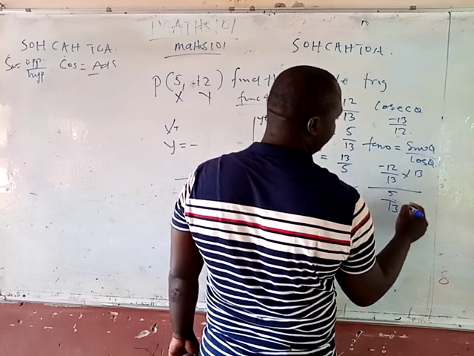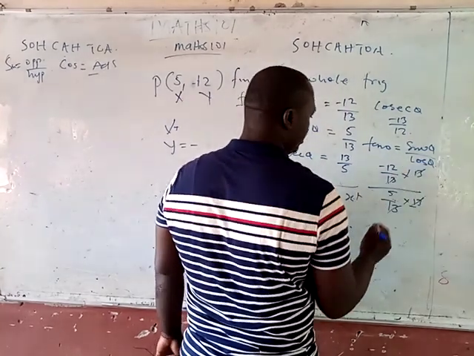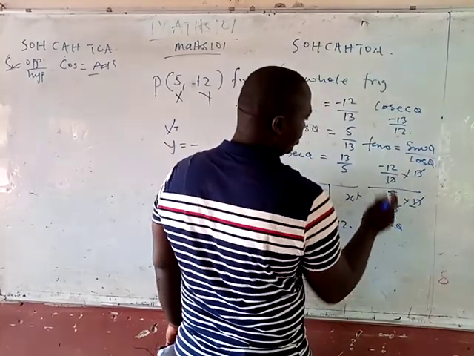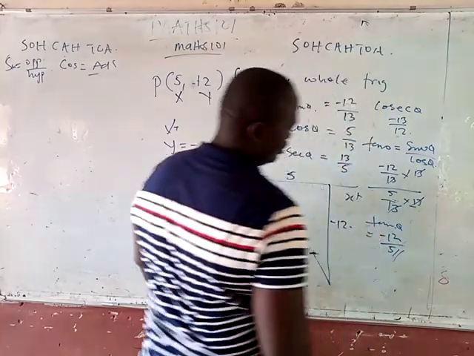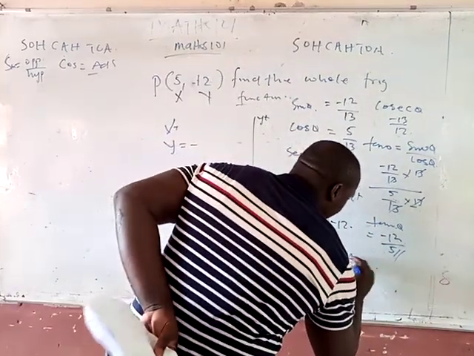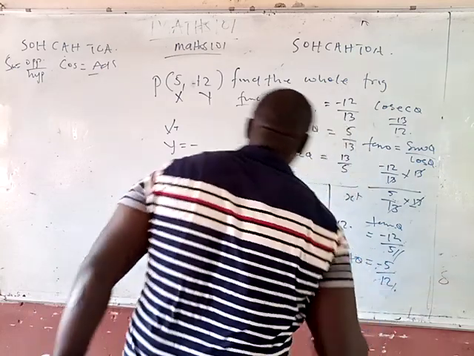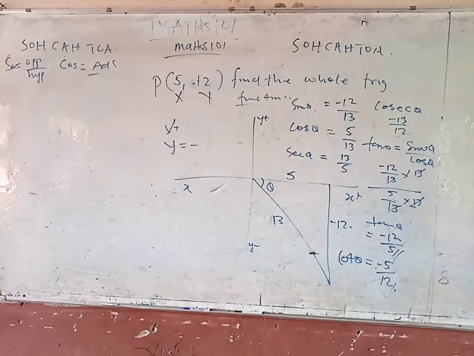You times by 13 to remove the fraction. This cancels, this cancels. Tan theta is now minus 12 all over 5. So cot theta is minus 5 all over 12, because it's the inverse. Are you with me?